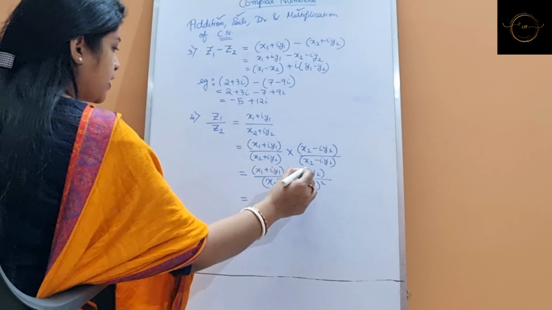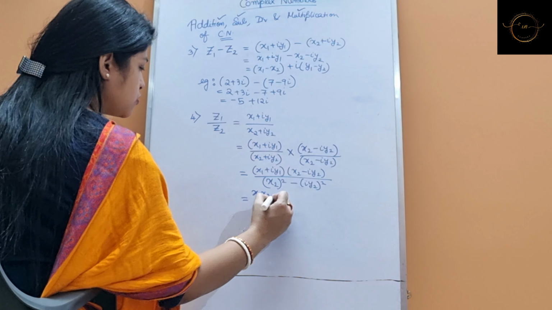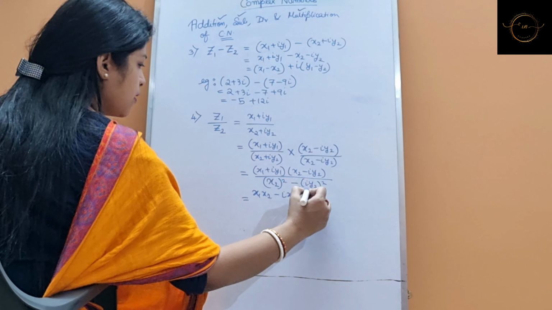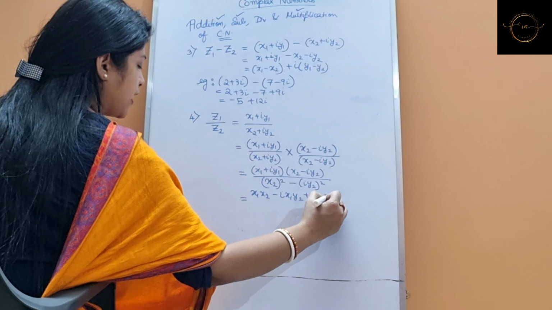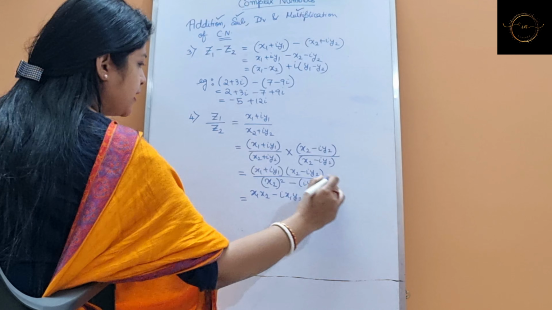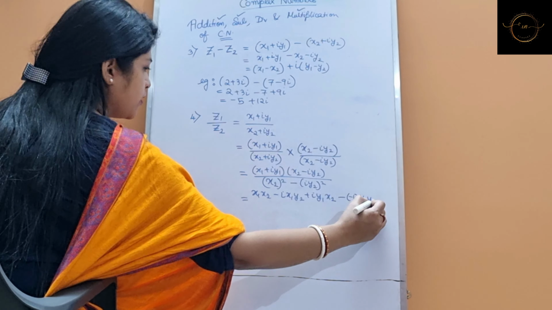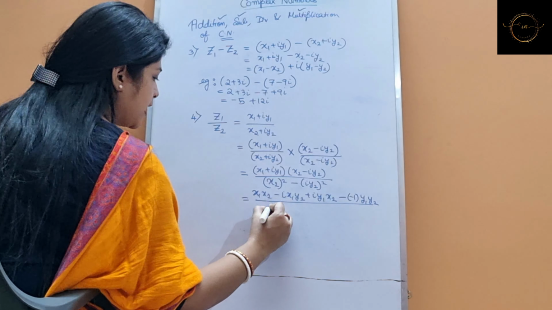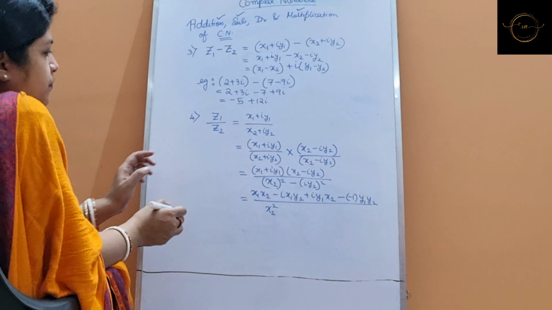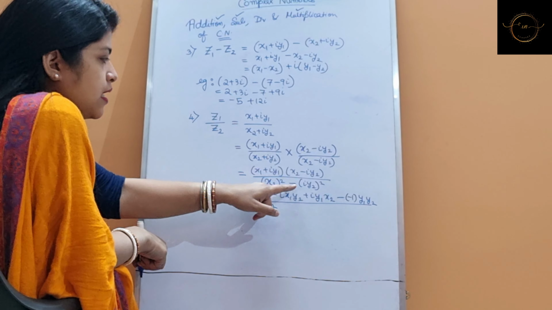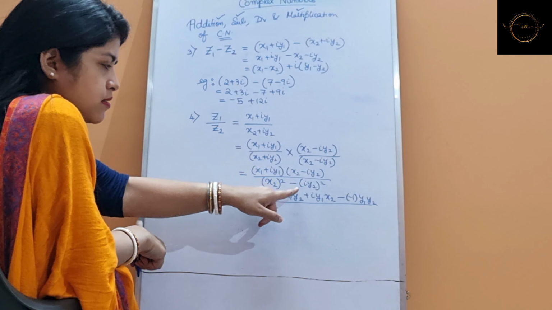Now the upper part you can expand: x1 x2 minus i into x1 y2 plus i into y1 x2, minus of i into i is i squared, that is minus 1, y1 y2, divided by x2 square. Look, i square is minus 1, again minus sign, minus minus will form plus sign.